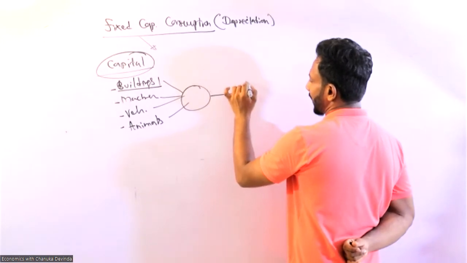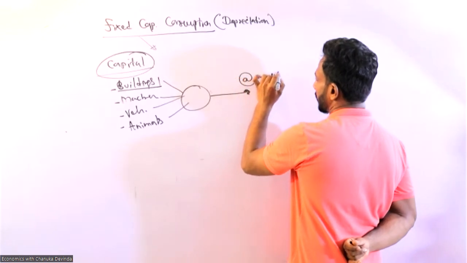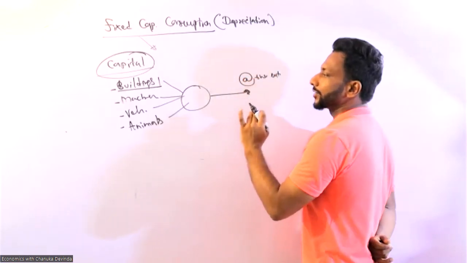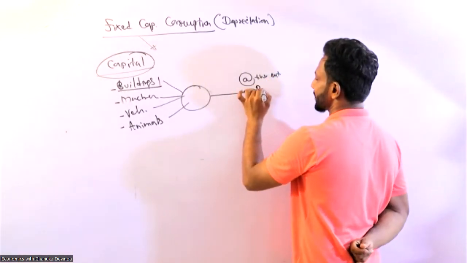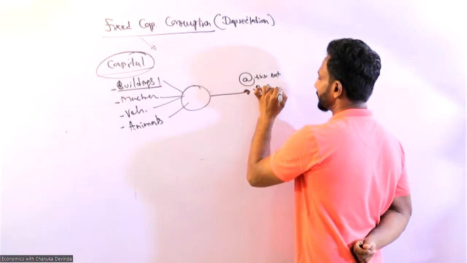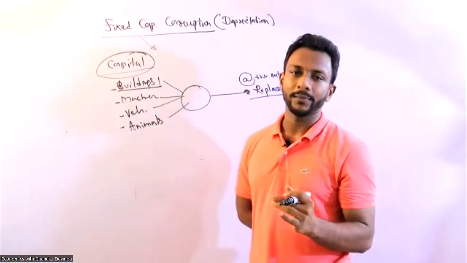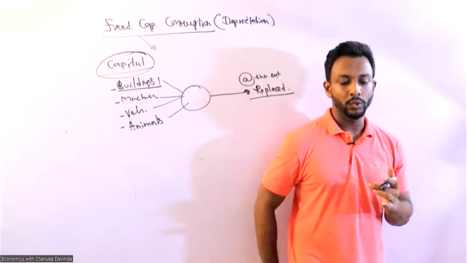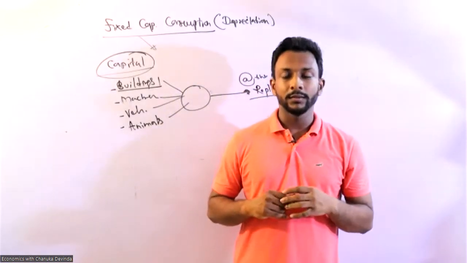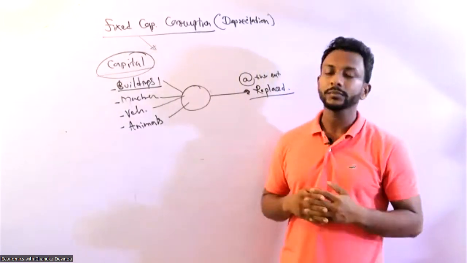At the end of lifetime, to continue the production process, they need to be replaced. So for that, we need to identify a significant amount for the replacement.